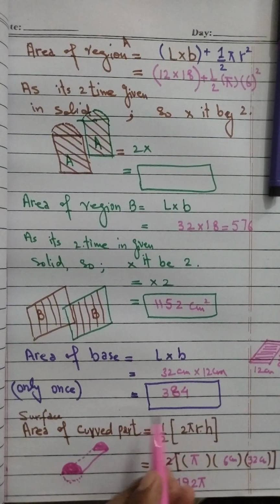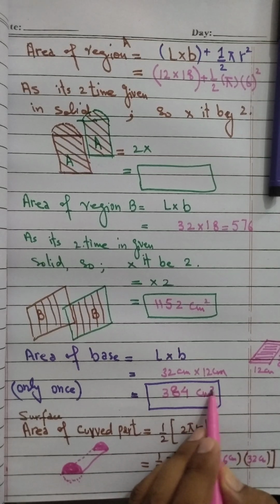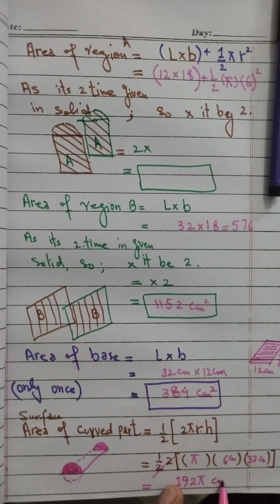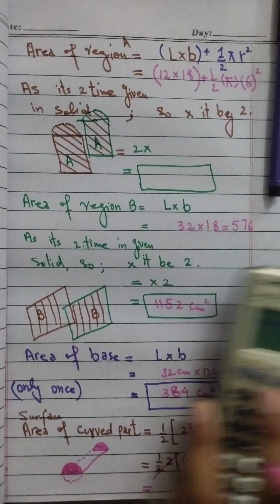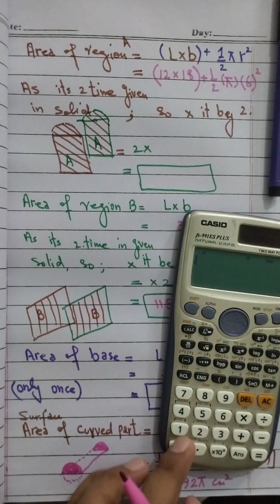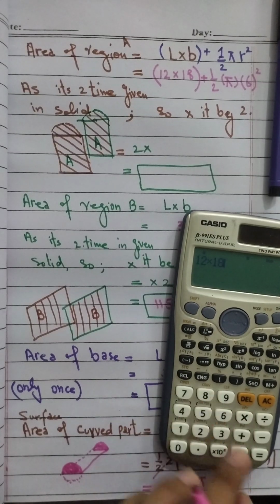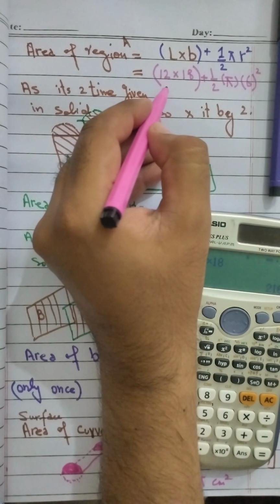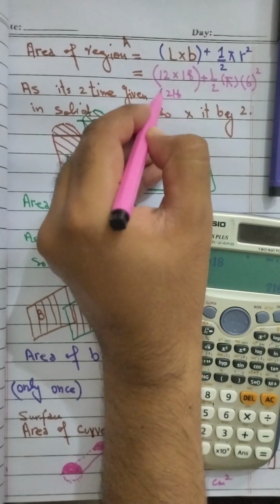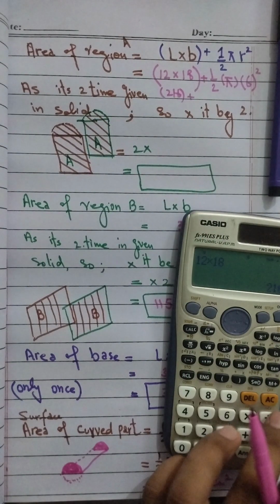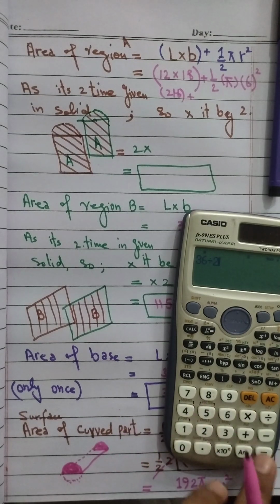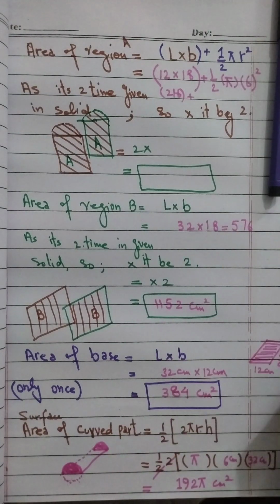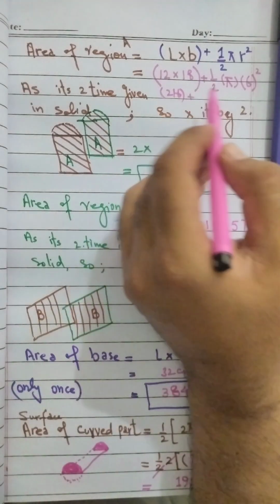As it is surface area, it contains centimeter square. Now for the first one, 12 multiplied by 18 is 216, plus 36 divided by 2, which becomes 18 pi.